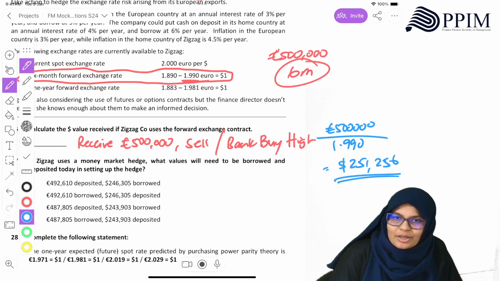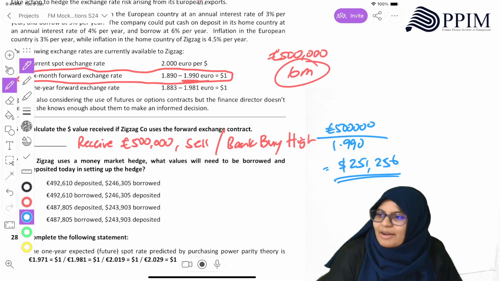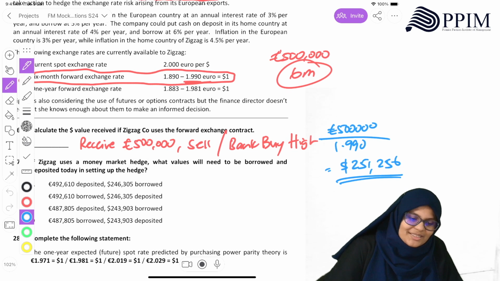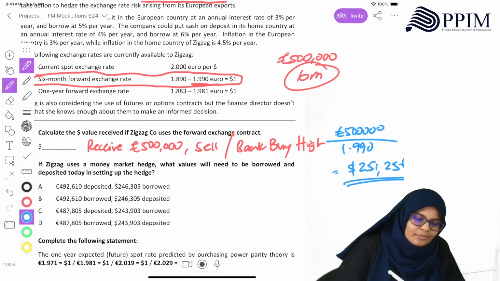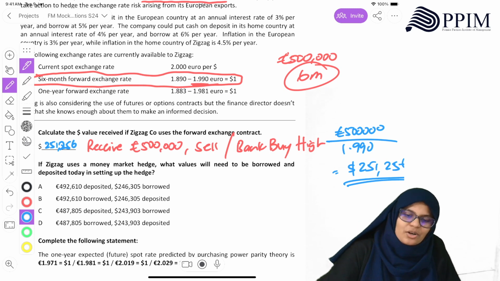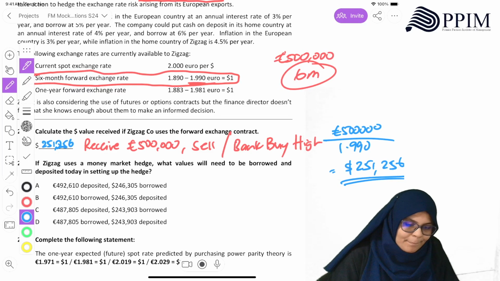When you get the 500,000, you have already locked into 1.990. So the bank will have to buy it at that rate. They will give you $251,256. Okay. So that's that simple. Forwards are always easy. Okay.